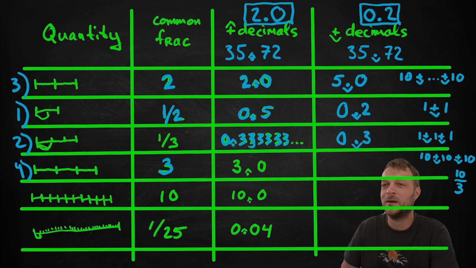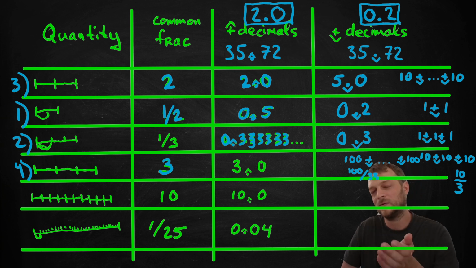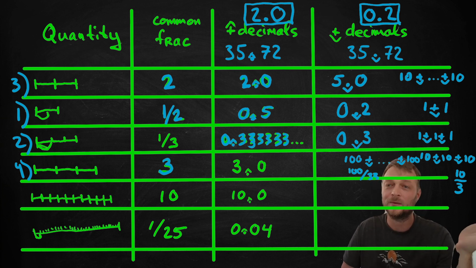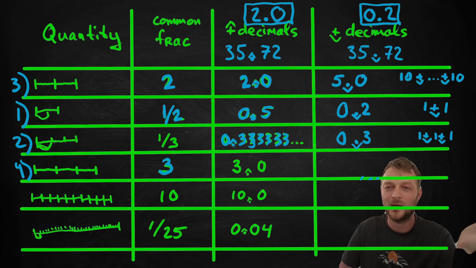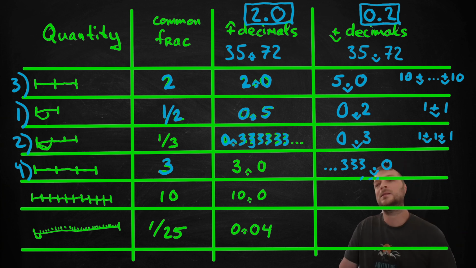We could take 100ths and sum them 33 times, and we would get 100 divided by 33, which is closer to 3 but still not the 3. So we end up with something similar to infinite 3's after the dot, but instead of that we have 3's before the dot. This is the representation for number 3.